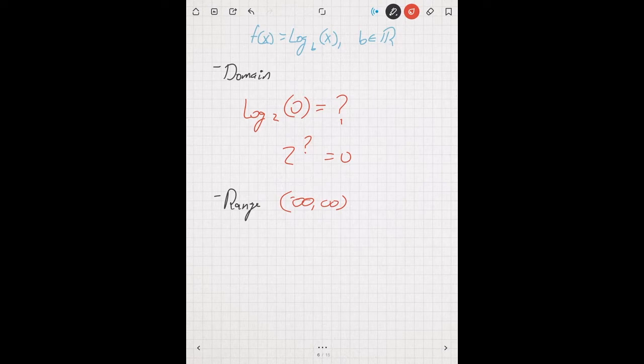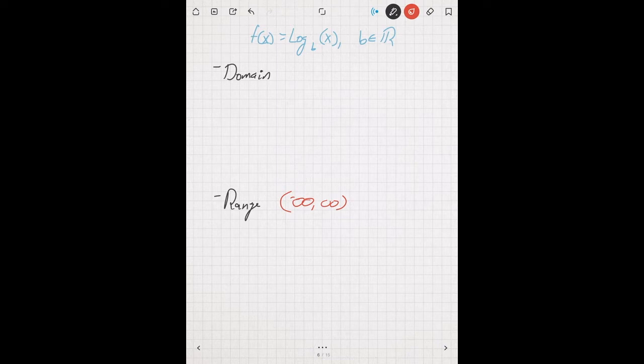Well, no, there doesn't. This is not a possibility. There's no way I could take 2 and raise it to any power to get 0. Some people might say, well, what about 2 to the 0 power? Remember, that's a 1.